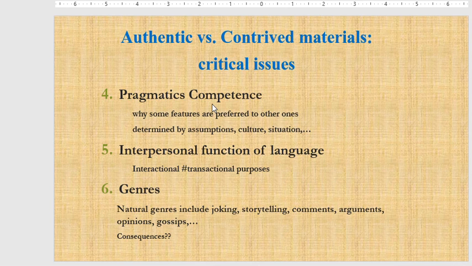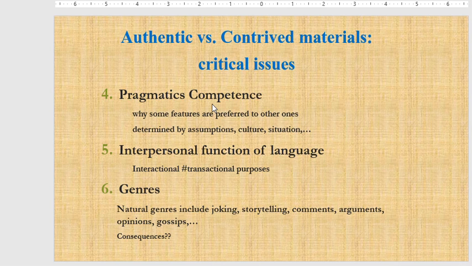In authentic materials, appropriate language has always been used, and you are provided with the opportunity to experience natural language features. You have the opportunity to discover pragmatic features of language, or you can unintentionally, incidentally learn appropriateness of language.